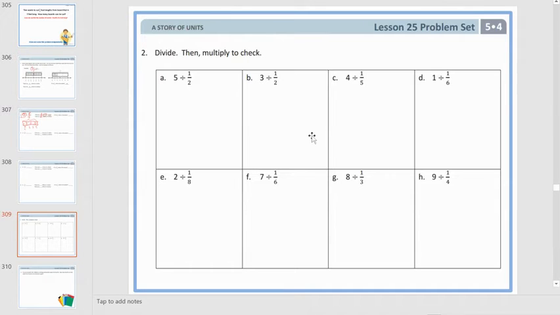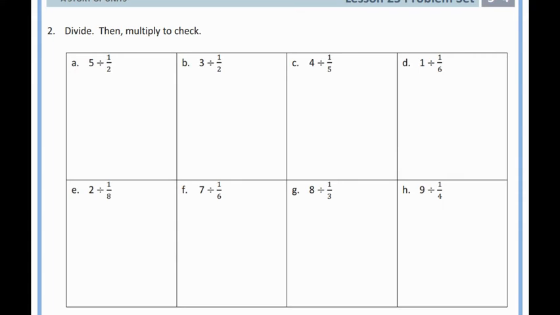All right, so let me show it to you this way. Here are some other problems that I'm going to have you do in a minute. We did this one together, and you remember that was 10, right? This one says divide and multiply to check. Now, this one is going to start with 3, right? 1, 2, 3 pieces.